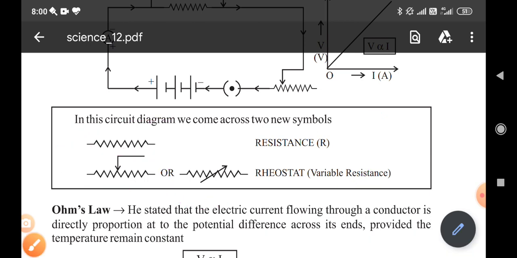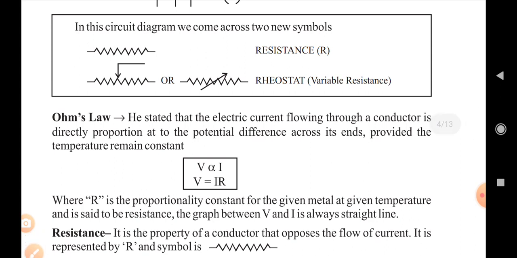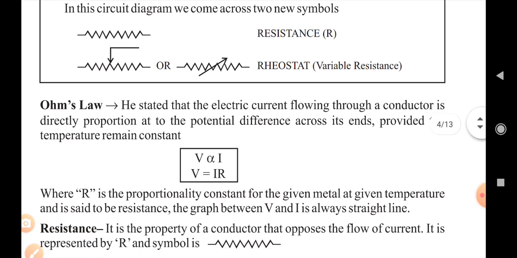After performing the experiment, George Simon Ohm gave a law which is known as Ohm's law.